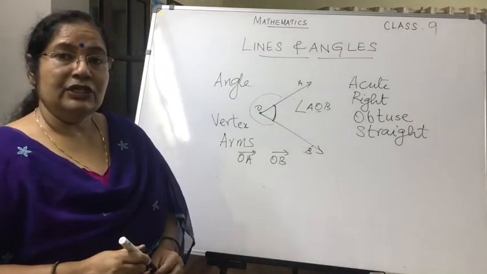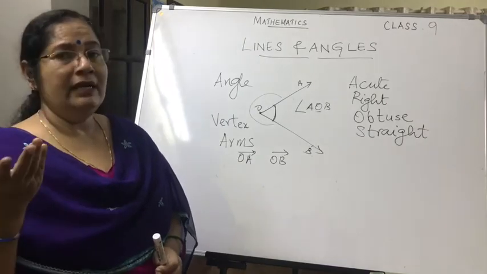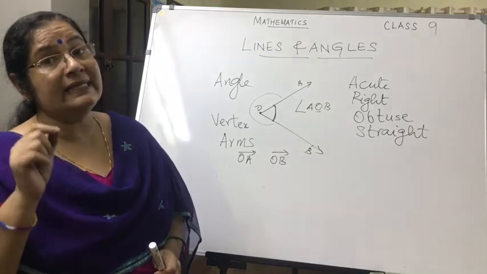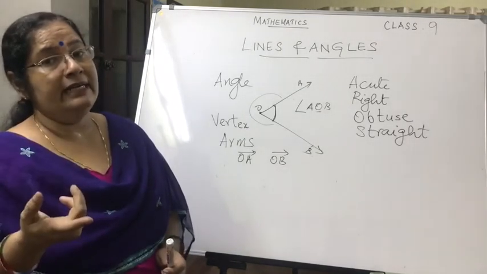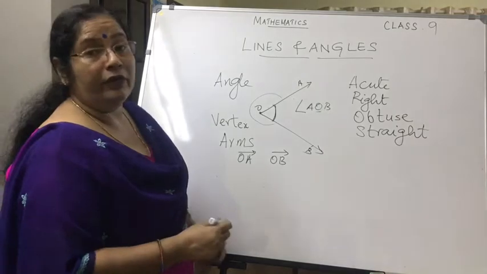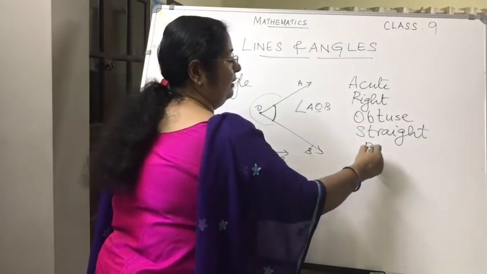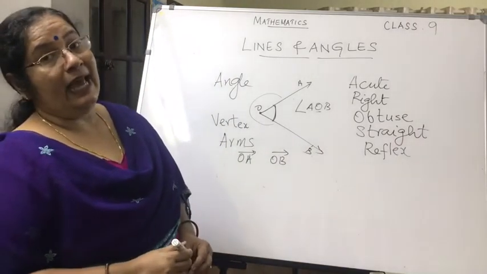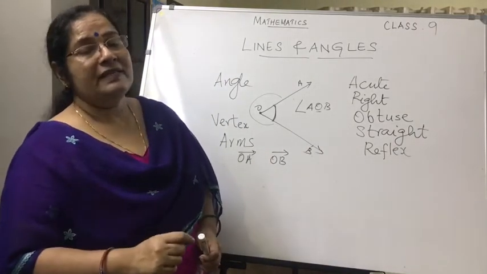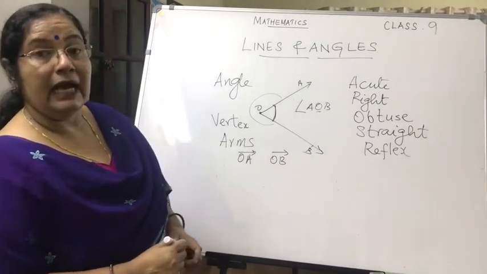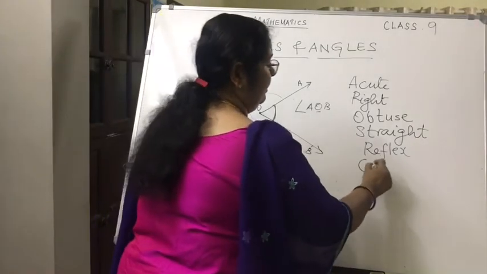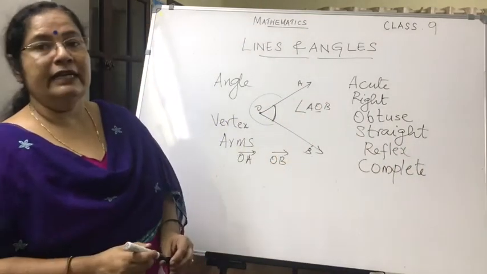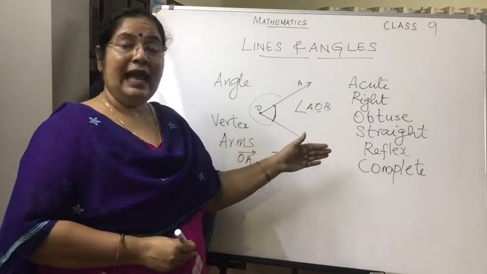Now, angle of measure more than 180 and less than 360 degrees, we call it a reflex angle. R-E-F-L-E-X. Reflex angle. And angle of measure 360 degrees, we call it a complete angle.